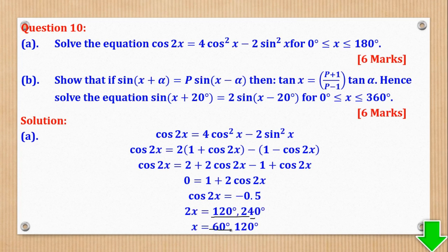Then x is 60 when I divide throughout by 2 to give you those as the values. That was part A. Part B says, show that if this is equal to that, then tan x is that. And hence solve the equation this for x ranging from 0 to 360.